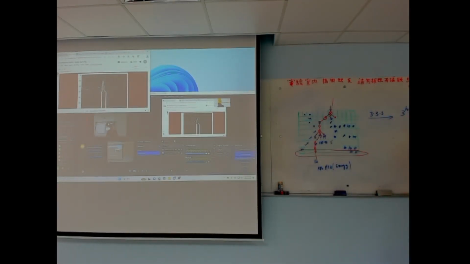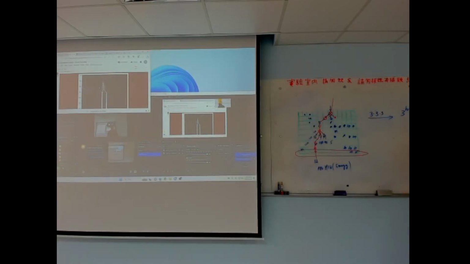So above that I have 3 to the h minus 1 plus 3 to the h minus 2 plus 3 to the h minus 3, so on and so forth. Right? So that would be the sum of i equals 0 to h minus 1, 3 to the power of i. But you can actually prove that by induction.